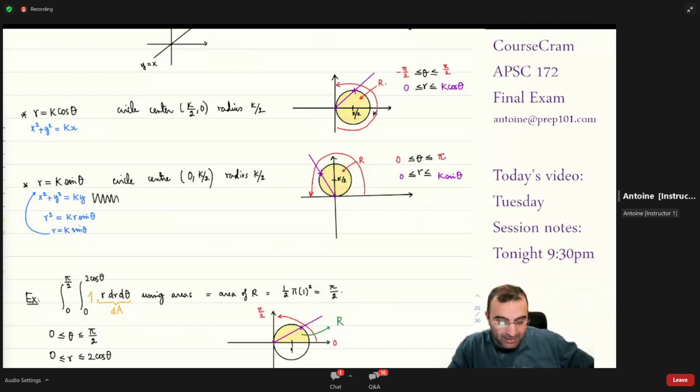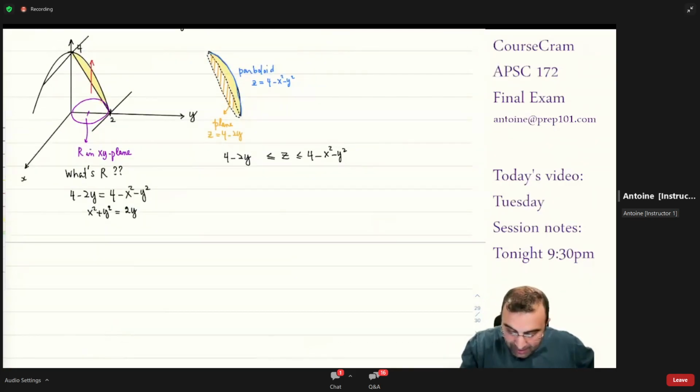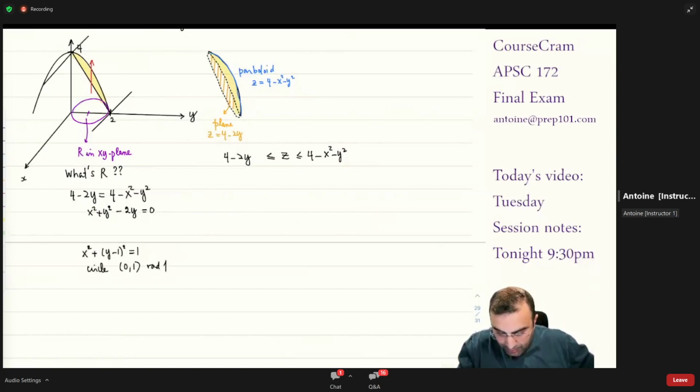And if you forgot, then write it down as x squared plus y squared minus 2y equals 0. Complete the square, so you're going to get x squared plus (y minus 1) squared is equal to 1. And you'll see right away that it's a circle with center (0, 1) and of radius 1.